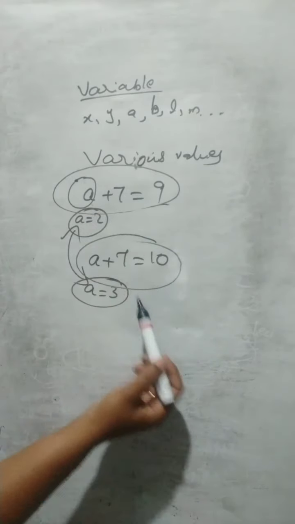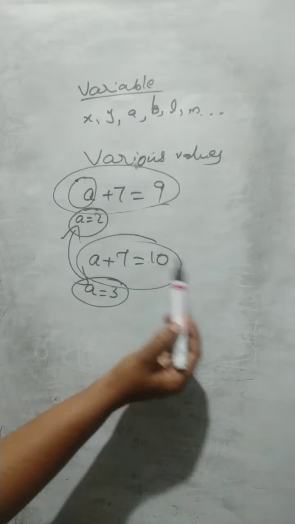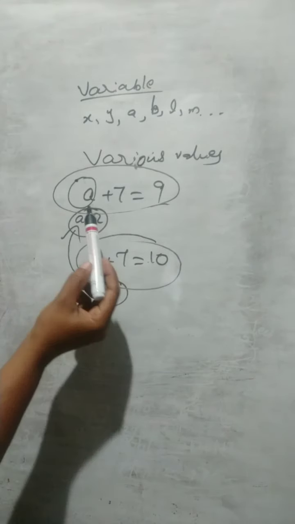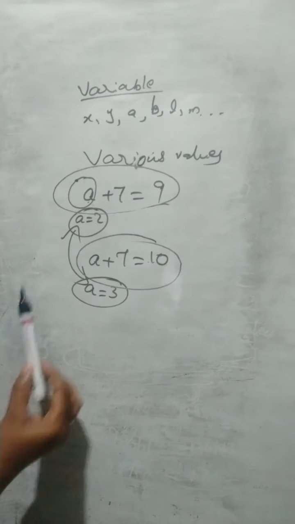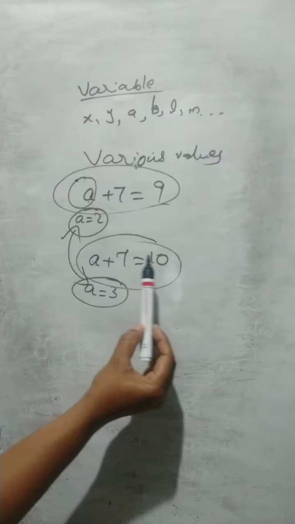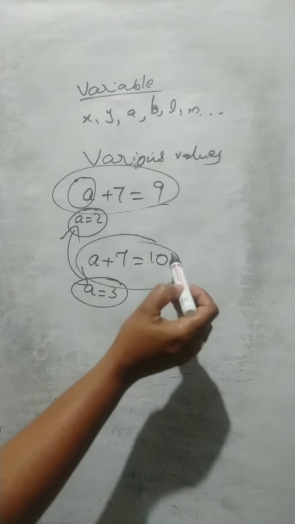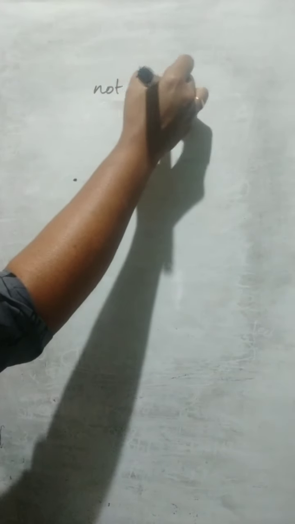Clear? Here the statements are a plus 7 is equal to 9 and a plus 7 is equal to 10. When we add 7 with a, we get 9. This is the first statement. Then when we add 7 with a, we get 10. This is the second statement. That is, the values are not fixed for variables.